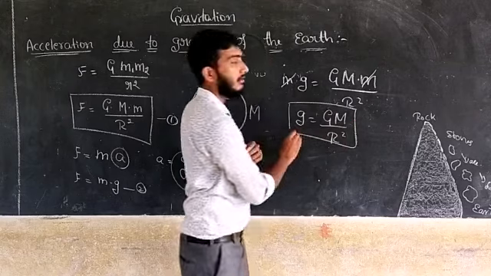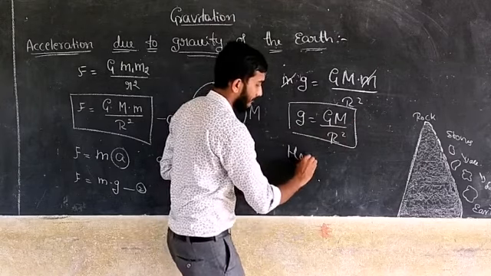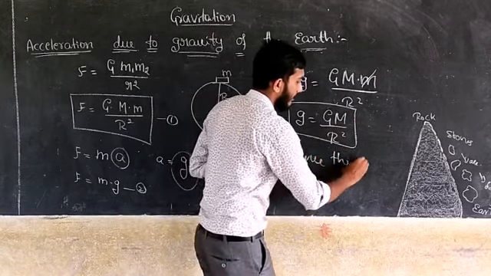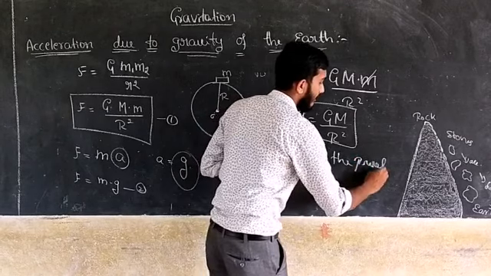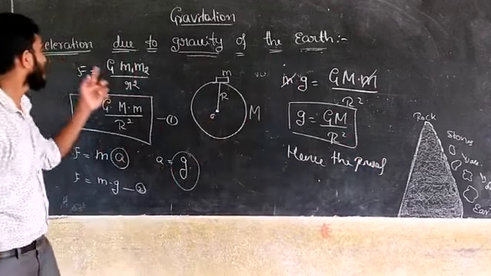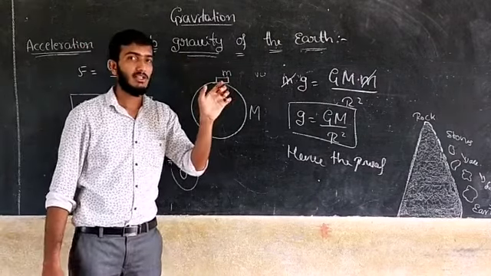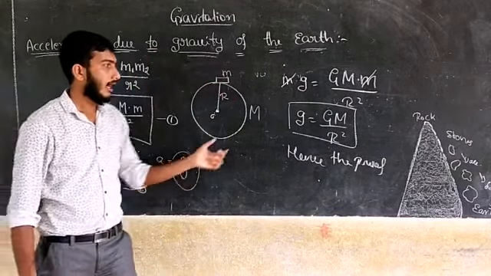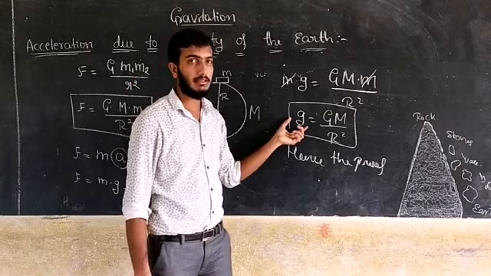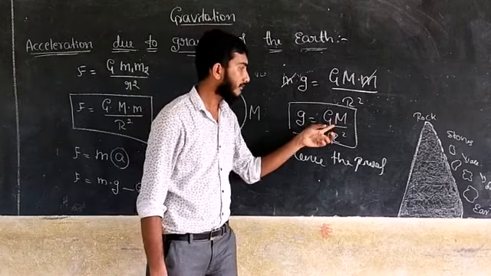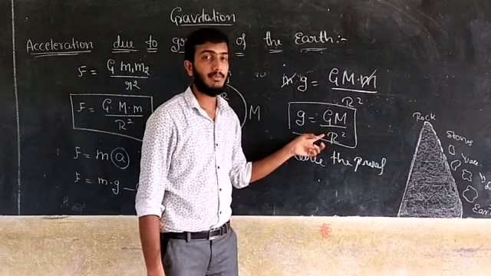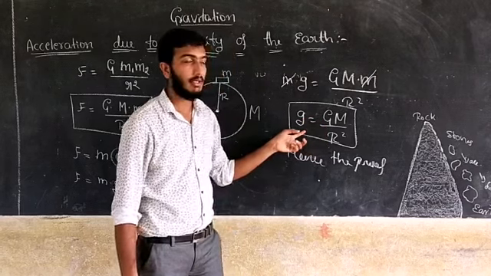Hence we have proved what we needed, what we stated in the heading: find the expression for acceleration due to gravity of the earth. Acceleration due to gravity is g. Acceleration due to gravity of the earth is g is equal to G M divided by r square. It is the expression for acceleration due to gravity.